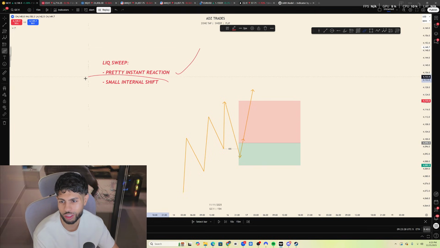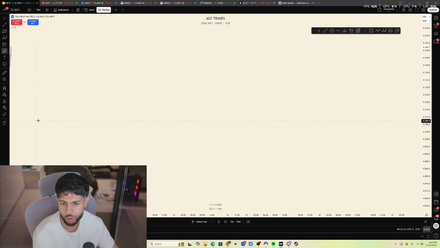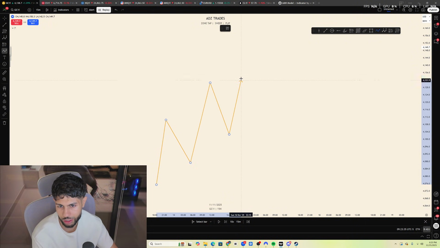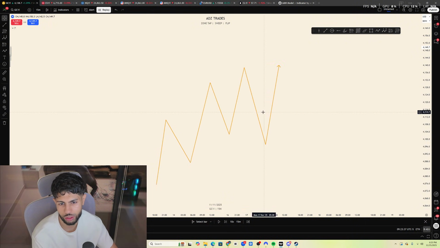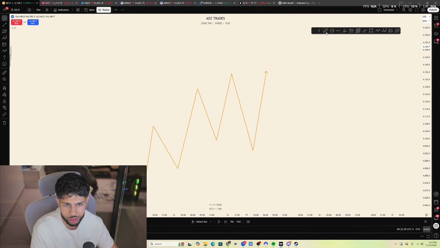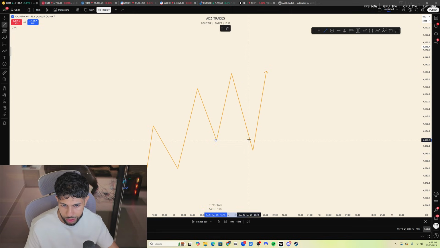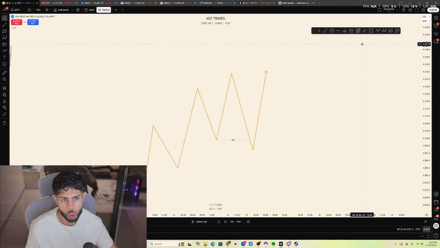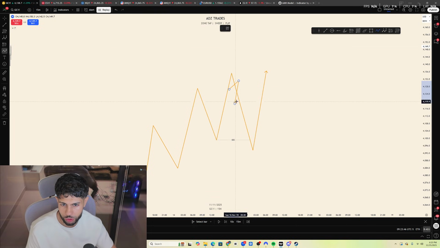And the last one is a small internal shift. What do I mean? Well, when we look at internal structure, so let's say this is my external liquidity sweep. All right, this is what price did, and price swept this low and ripped up. We can always use structure to help aid our decisions.